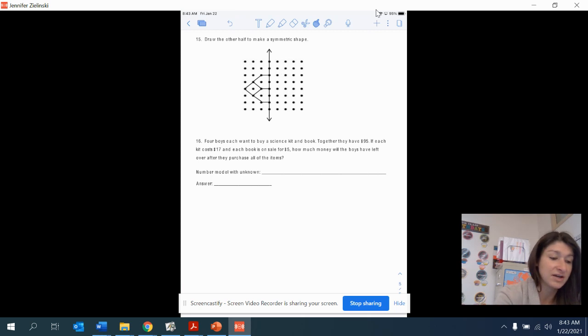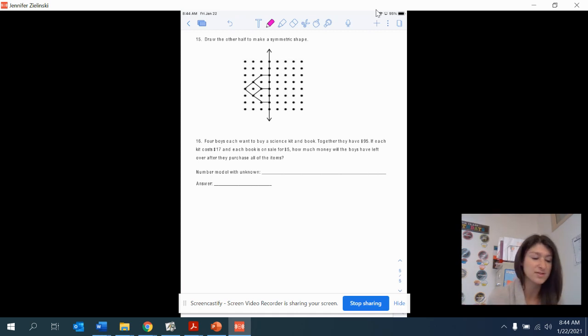So let's see if we can practice this one. Number 16 says, 4 boys each want to buy a science kit and book. Together they have $95. If each kit costs $17 and each book is on sale for $5, how much money will the boys have left over after they purchase all of the items?